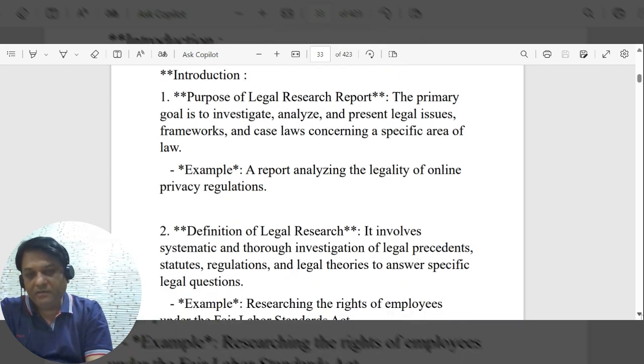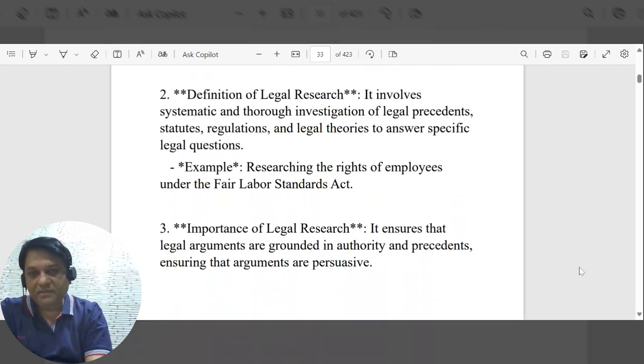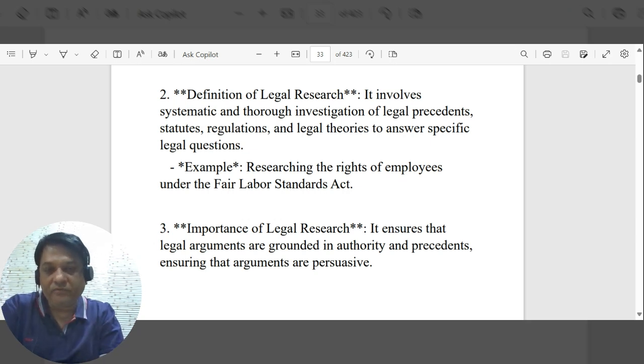Defining the legal research, it involves systematic and thorough investigation of legal precedents, statutes, regulations, and legal theories to answer specific legal questions. Example, researching the rights of employees under the Fair Labor Standards Act.